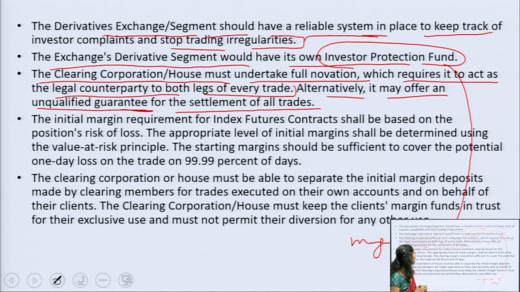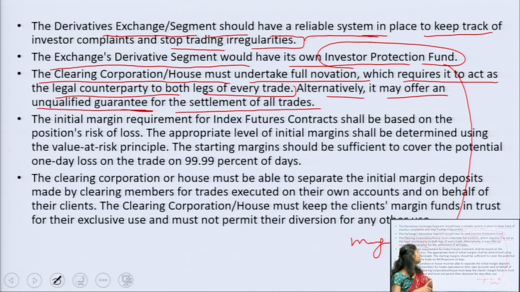So in this case, it's talking about the clearing corporation house. This is the system where all the money settlement, all the transaction settlement dealings are cleared, with respect to whatever complaints, whatever help the investor requires.